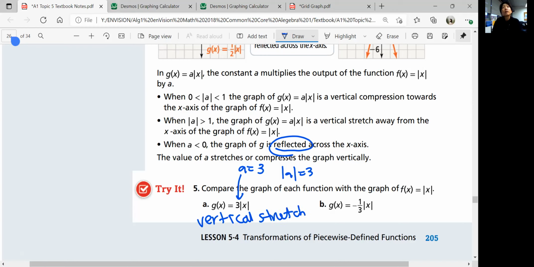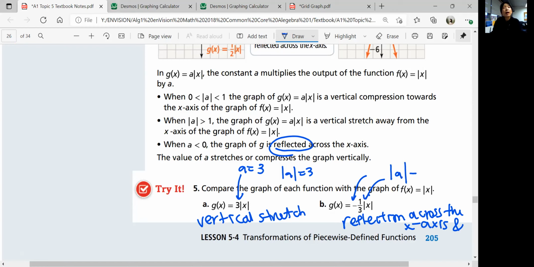Okay, part B. g(x) = -1/3|x|. You have a negative. What does that mean? It's a reflection across the x-axis. And what about 1/3?